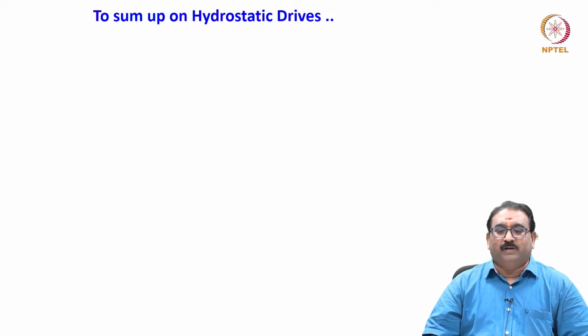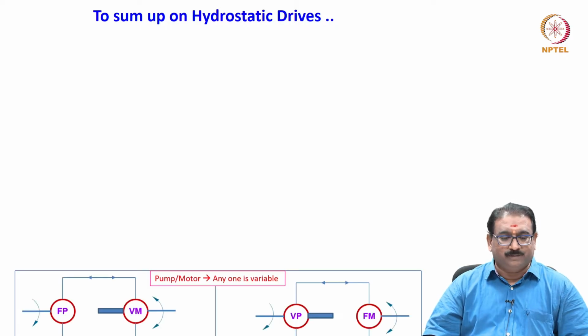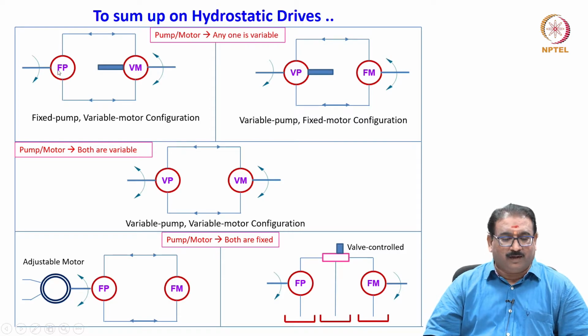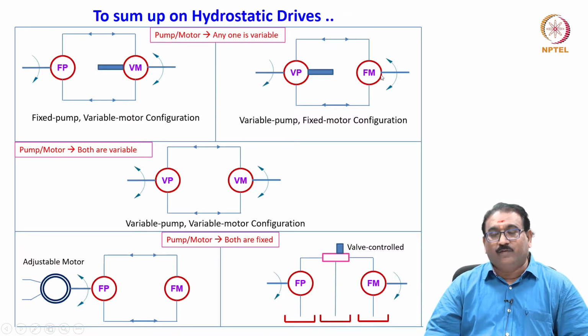To sum up on hydrostatic drives, we have seen the many combinations of pump and motor. Here, pump and motor, any one is variable. Look here: fixed pump, variable motor, or variable pump, fixed motor.